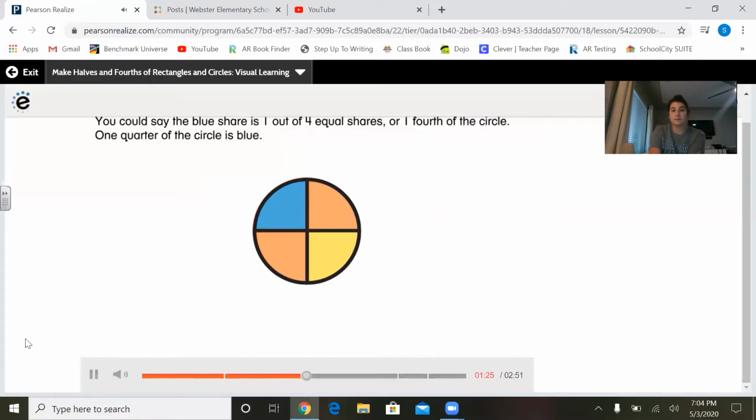You could say the blue share is 1 out of 4 equal shares, or 1/4 of the circle. 1/4 of the circle is blue. Remember it could also be fourths or quarters. So if this was a quarter, this was a quarter, this was a quarter, and this was a quarter, only one of the quarters is blue.